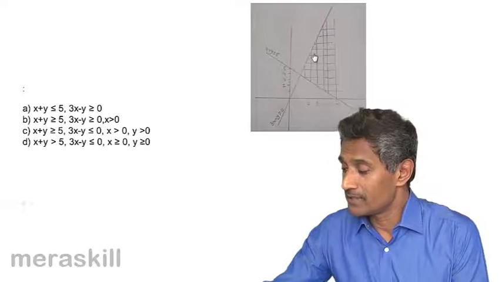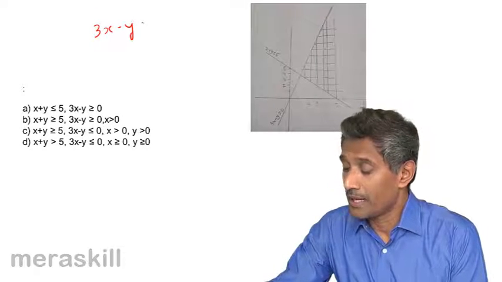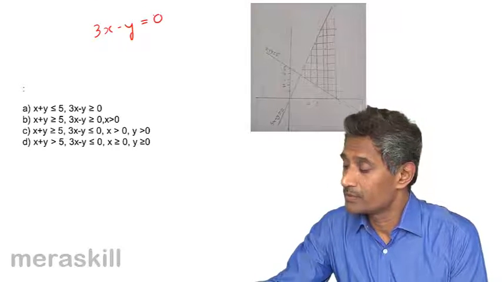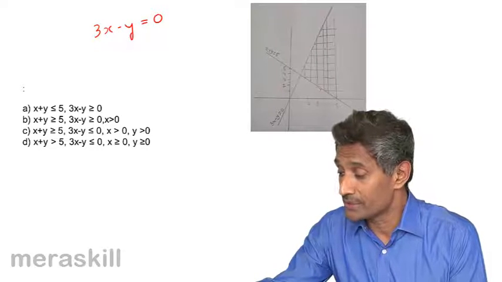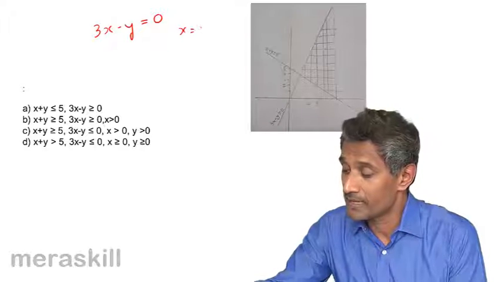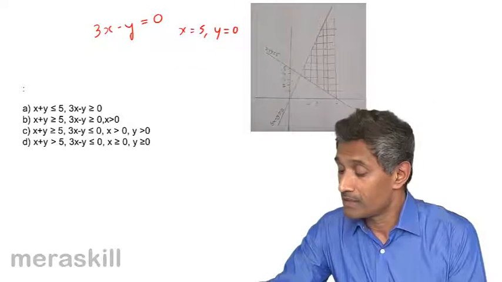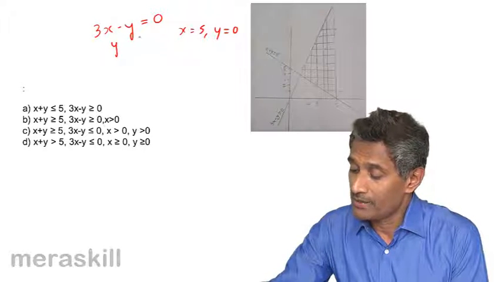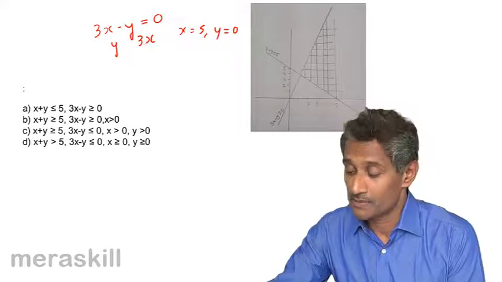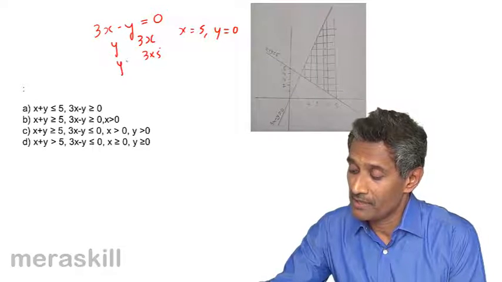So let us take this particular line, 3x minus y equals 0. This line is passing through the origin, so it's not so easy to decide. So let us consider x is 5 and y is 0. This means we compare y and 3x. If you take 3x, 3 into 5, and you have y is 0.